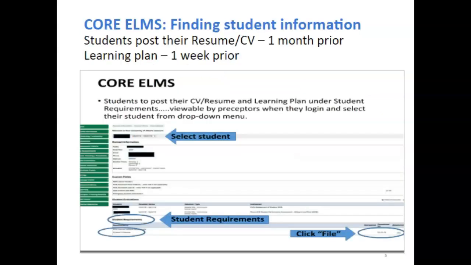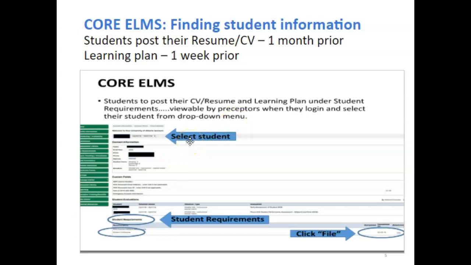First of all, you would like to find your student information. The students should have their CV or resume posted already, and their learning plan they post one week prior to the placement. To find it in CORE ELMS, you would select the student from the drop-down menu.